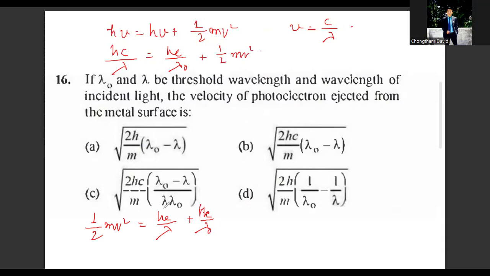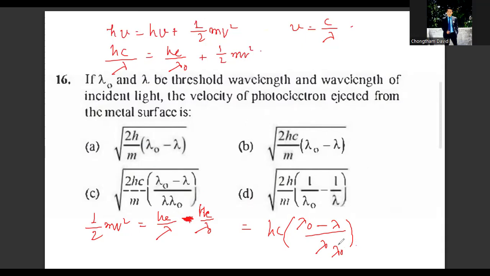Take out the common terms here. Here you have to write minus: lambda naught minus lambda by lambda into lambda naught.